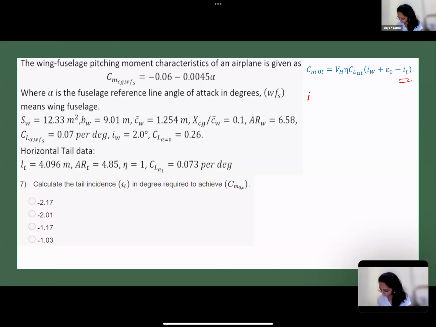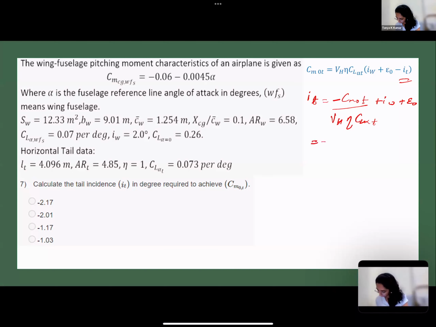So i tail is minus CM naught tail by VH eta CL alpha tail, plus i wing plus epsilon. Let me know if I'm making any sign mistakes.